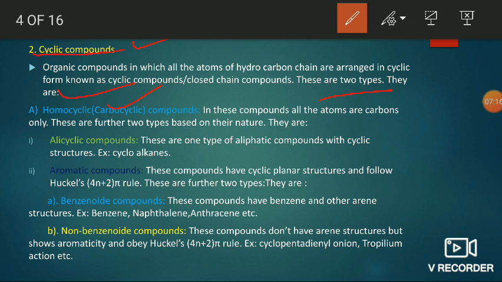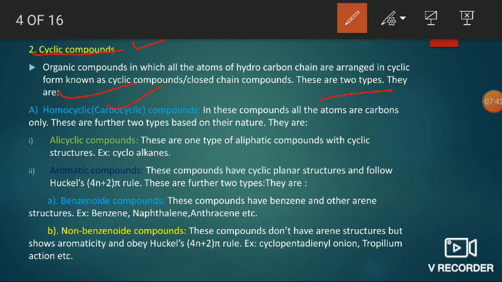In homocyclic or carbocyclic compounds, all the atoms in the ring are the same, that is, they are only carbon atoms. If the cyclic compound contains only carbon atoms in the ring structure, then those are called homocyclic or carbocyclic compounds.